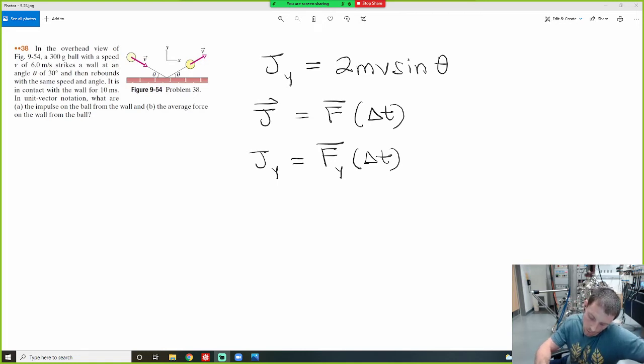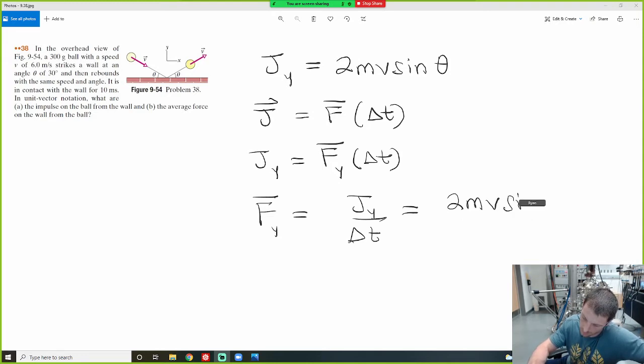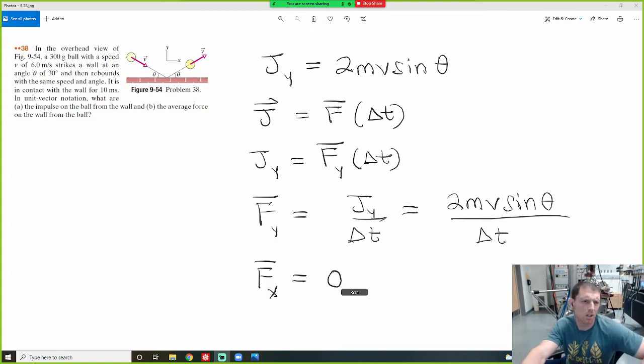All we have to do to get that is write this: 2 mv sine theta over delta t. And you probably realize this, but just in case you don't, the average force in the x direction is 0. I'm not going to write this in unit vector notation because specifying the components is perfectly equivalent, in my opinion.